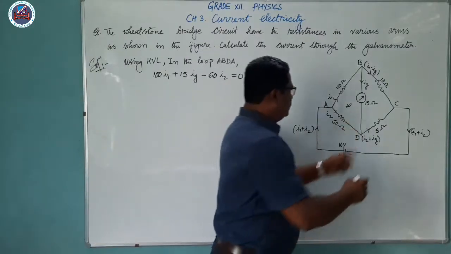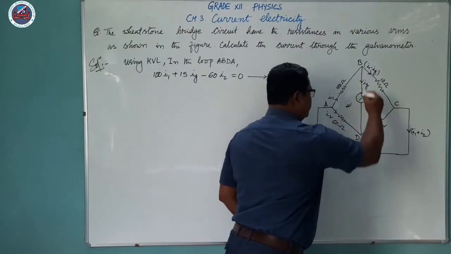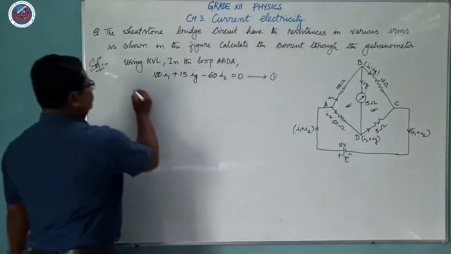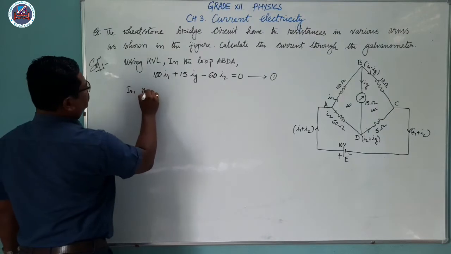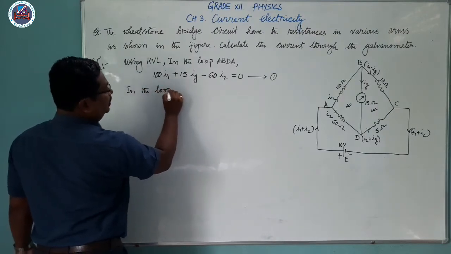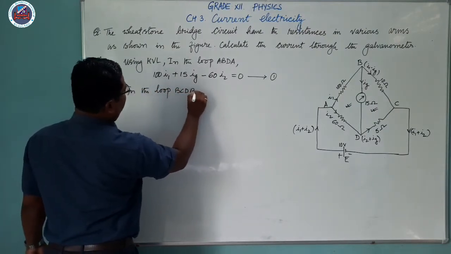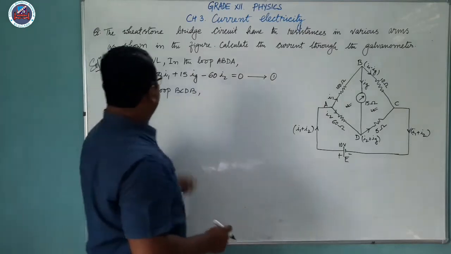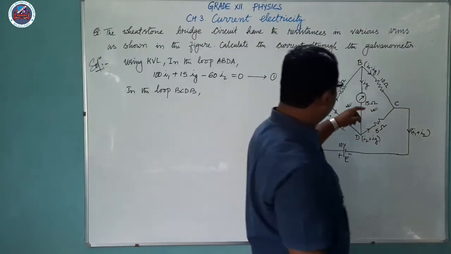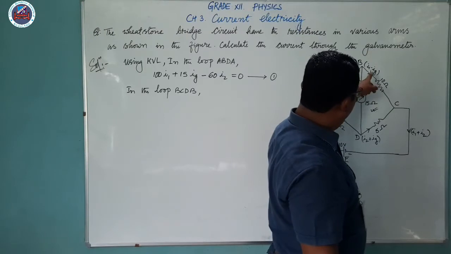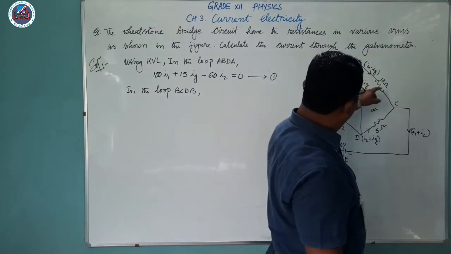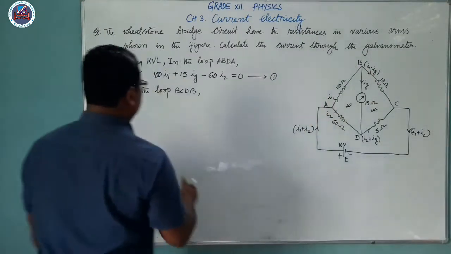Likewise, we can choose this second loop, the loop BCDB, using Kirchhoff's voltage rule again. Let us take from here. This is showing clockwise, so 10 times I1 minus Ig.